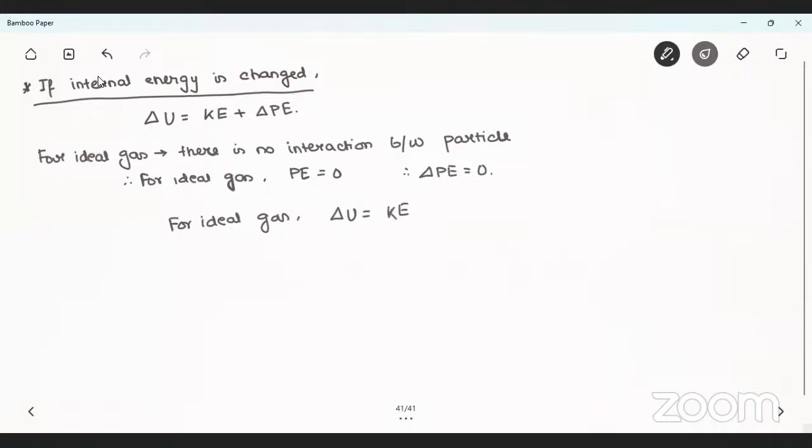Okay, so is this part clear? And kinetic energy will be a function of temperature only. Okay, so this is for ideal gas only.